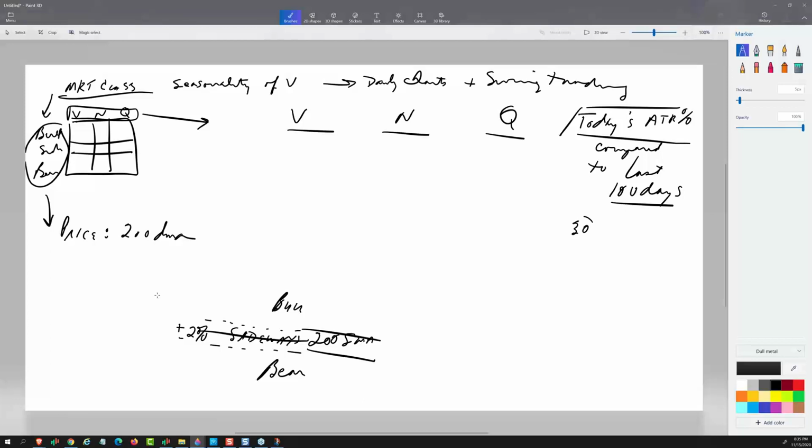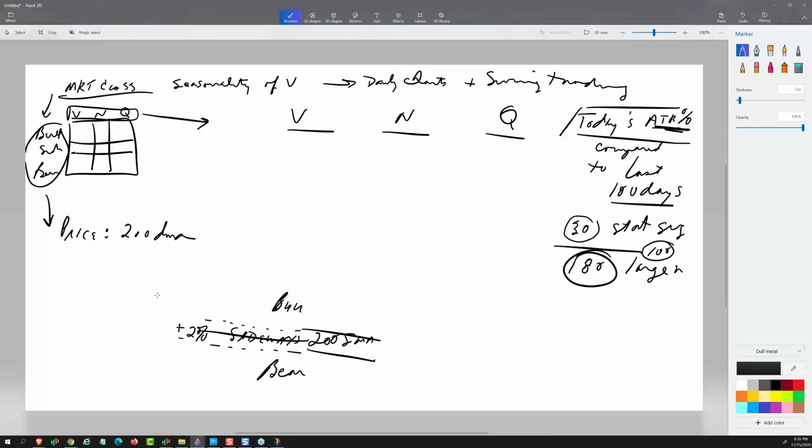I would have to use as a look back to classify today's ATR percentage would be 30 in order to have statistical significance. And I might go out as far as 180 so that I could have a large study.